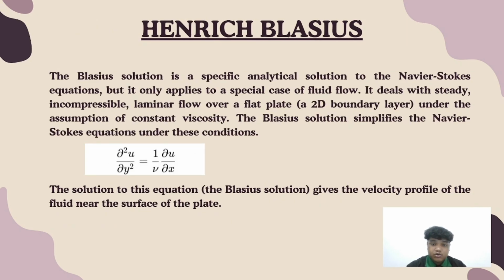The Blasius equation is also one of the equations used in this software for the calculation of some properties. This equation is used to calculate properties like boundary layer thickness, drag force on the surface, and the velocity change across the boundary layer.